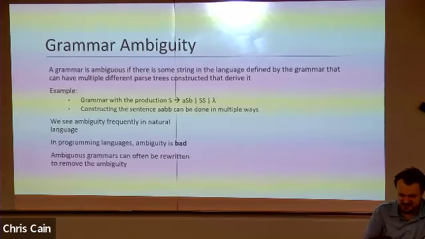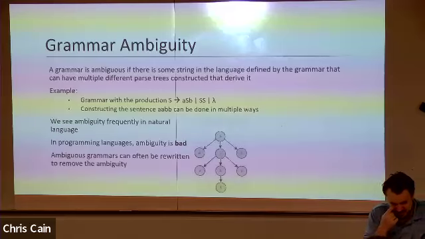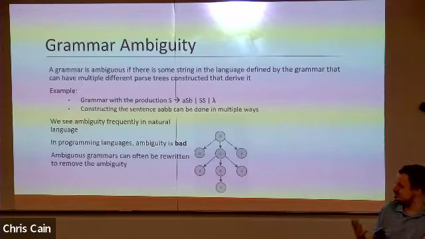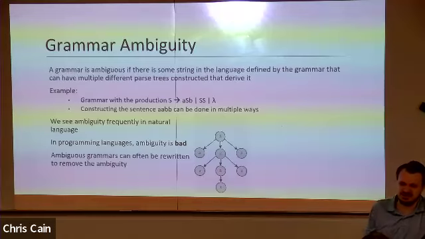We redefined this to be that if there was some string in the language that you could construct multiple parse trees for, that grammar was ambiguous. So to prove a grammar is ambiguous, just find some string and construct two different parse trees such that a depth-first search through each parse tree generates that string, and you prove that the grammar is ambiguous, which is great.